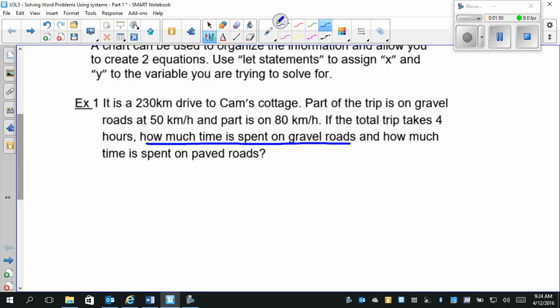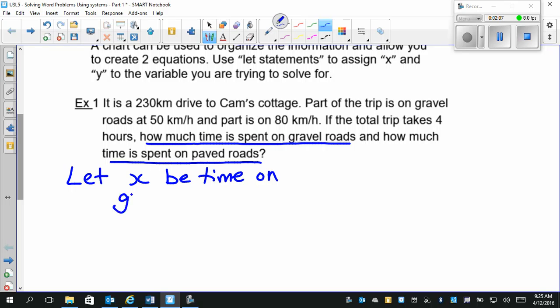So we're going to say let x be time on gravel, and then we'll let y be time on paved.